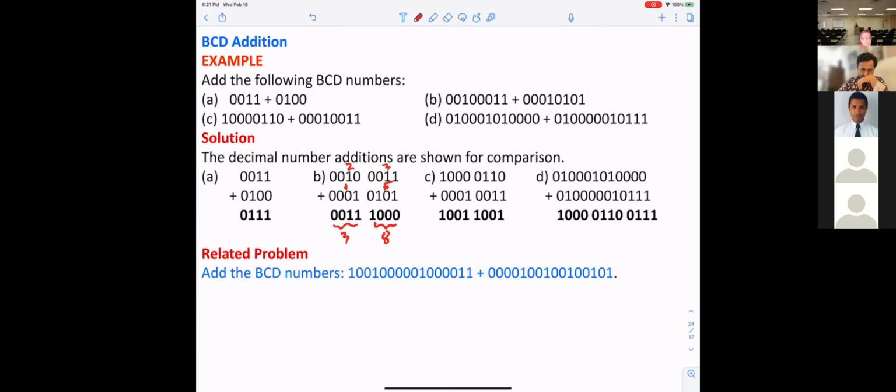Okay, so that is adding BCD. Now you can see another one. You can try to see if you can get the same answer or not.